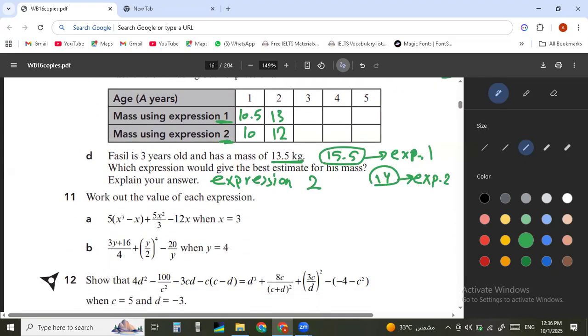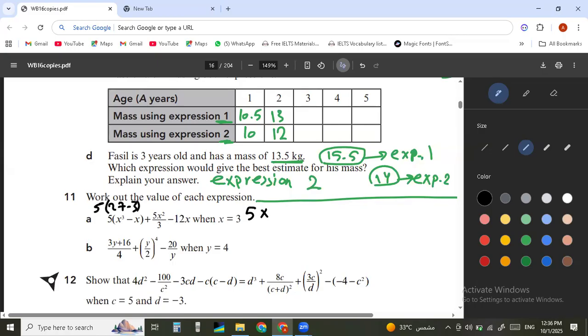Question 11. When x is 3, let's draw a line and use a different color here. So here it's 5 multiplied by x is 3, so 5 times 3 cubed, which is 27, minus 3.